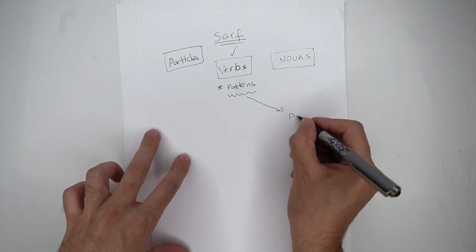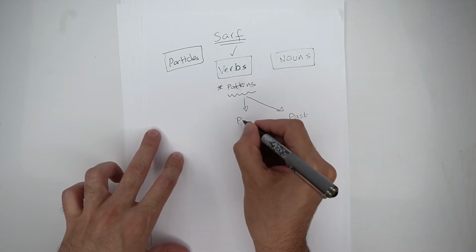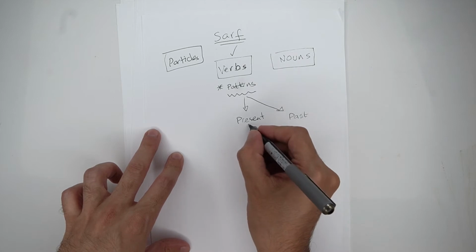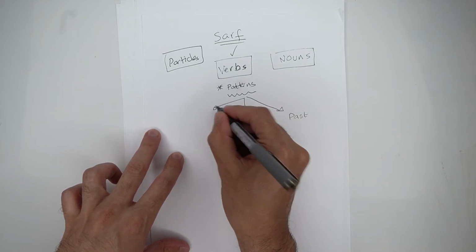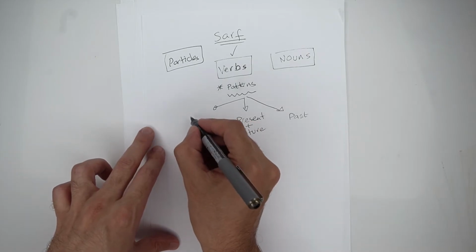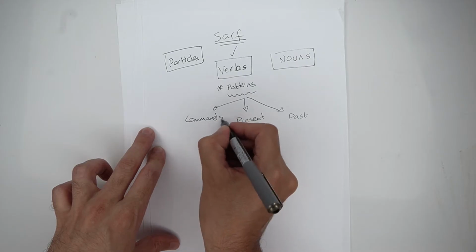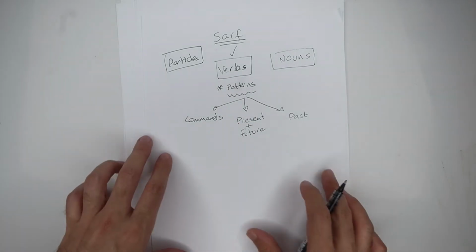You have past, and you have present and future, which is basically the same, and you have commands. Hopefully, inshallah, in this series we are going to be learning about these verbs.